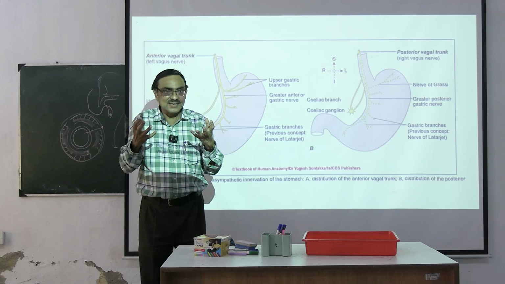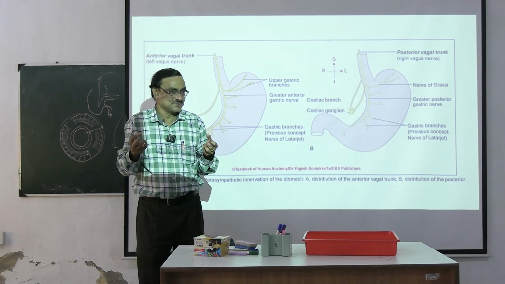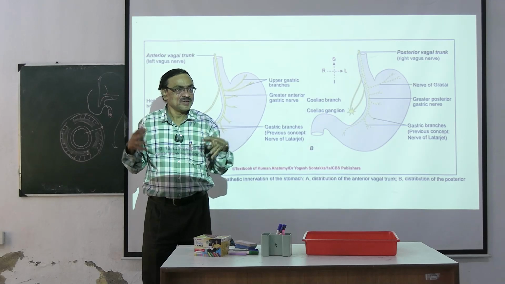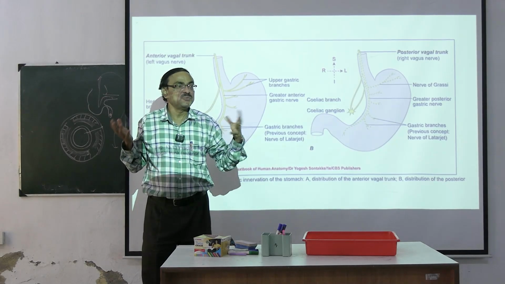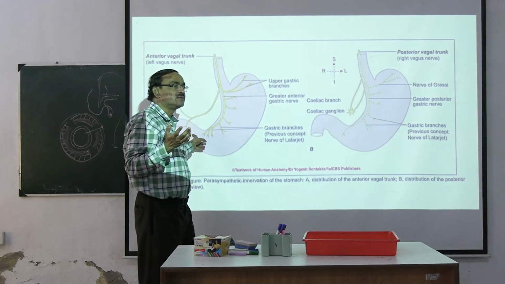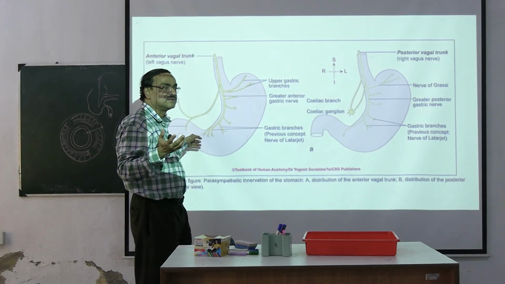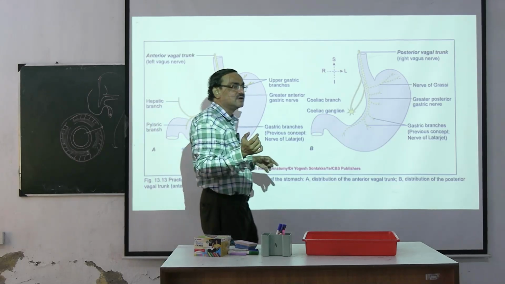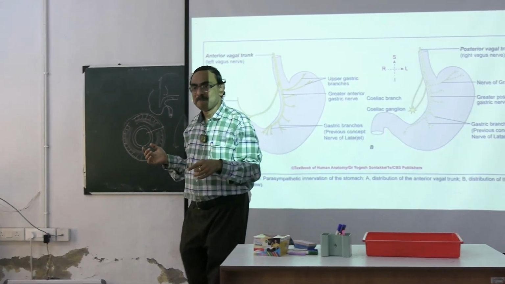That means secretion which is like a motor action. So there is excess secretion, gastric secretion will be increased, and it will inhibit the pyloric sphincter, so it will reduce the gastric emptying time.